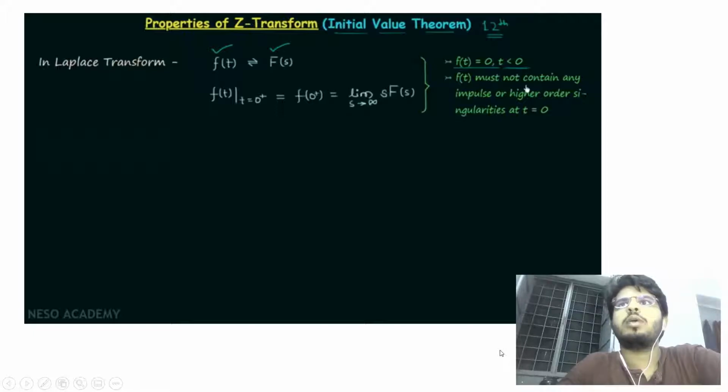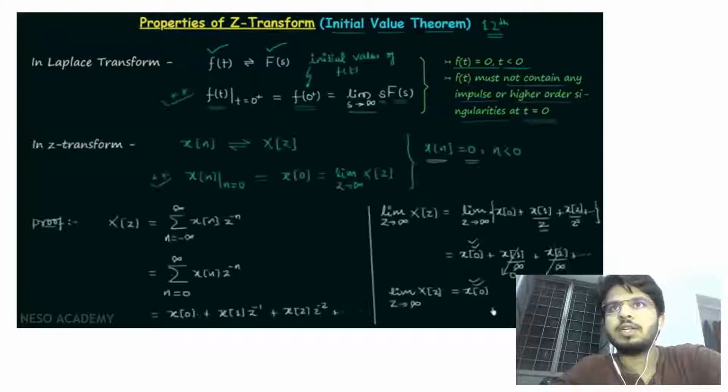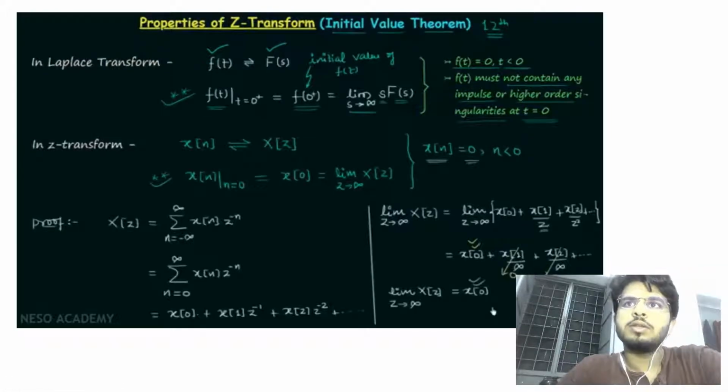So what about initial value theorem for the Z transform? It's very similar compared to the Laplace transform. The condition for that is the input signal must be 0 at all values of n less than 0.